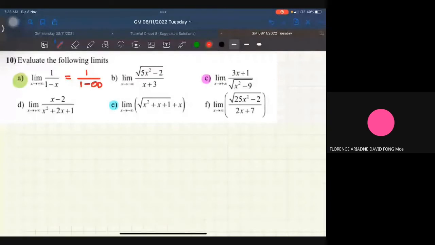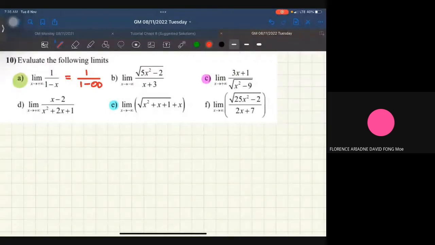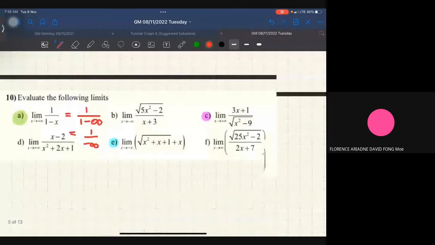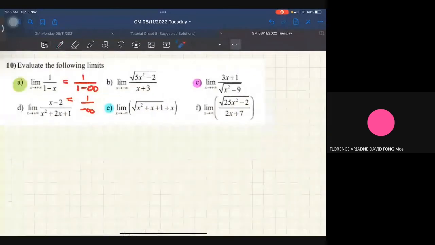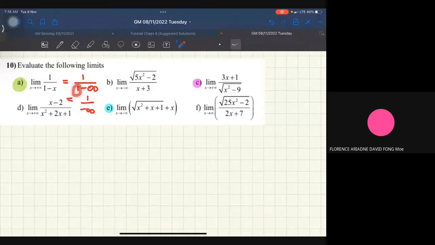So 1 tolak infinity, awak dapat 1 per negative infinity. Kenapa saya tulis negative infinity? Sebab kita ada a number. Contohnya saya ada nombor 1, and then saya tolakkan dengan nombor yang sangat-sangat besar.